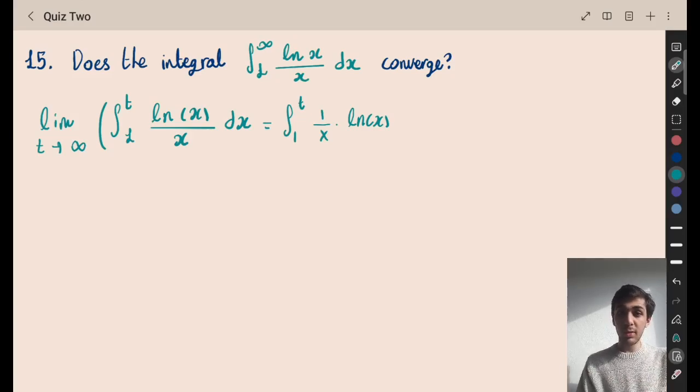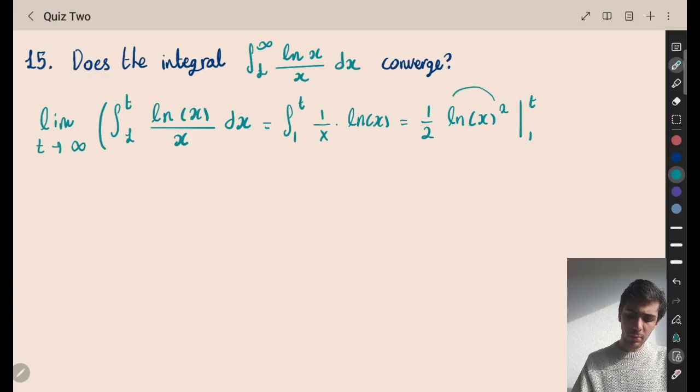If you want to proceed with the integration by parts, you could of course do that to prove this, but in the end this will give us half of ln of x squared. Why is that? Well, it's very simple. Just bring down the power, take away 1, and then take the derivative of the inside function, which in this case is the ln of x.